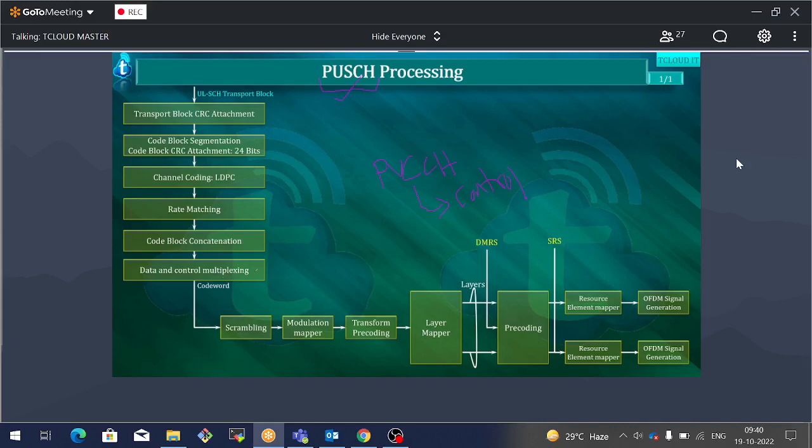So we send that in this PUSCH at this particular place. We add it, we multiplex it. Of course, the receiving entity must be able to differentiate it, remove it, extract it, and then the transport block that is received must be sent to the higher layers.